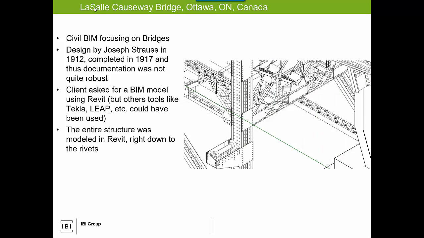They stuck with Revit, and they literally did, this would be your LOD 500 model, a complete as-built, as-operated model, right down to the rivets and the machine components, a full 3D digital record of every piece of the assets. So it's possible.